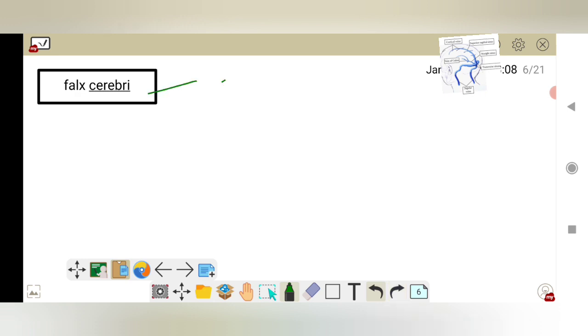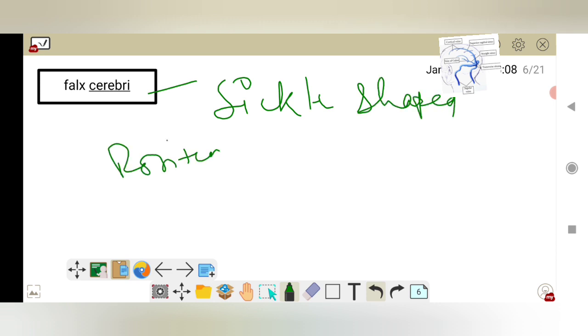Now, falx cerebri, as we have seen, is sickle shaped, and its position is that it projects mid-sagittally from the roof of the skull into the median longitudinal fissure.